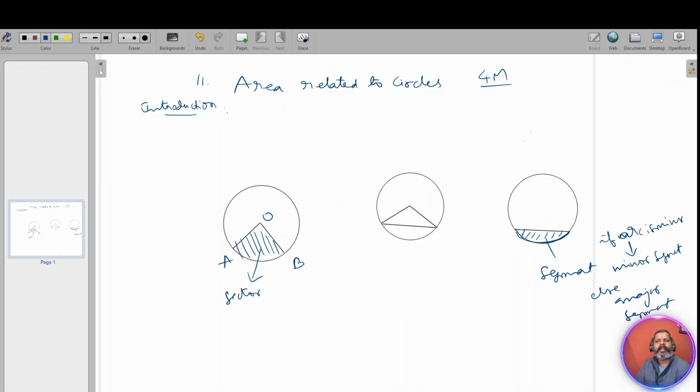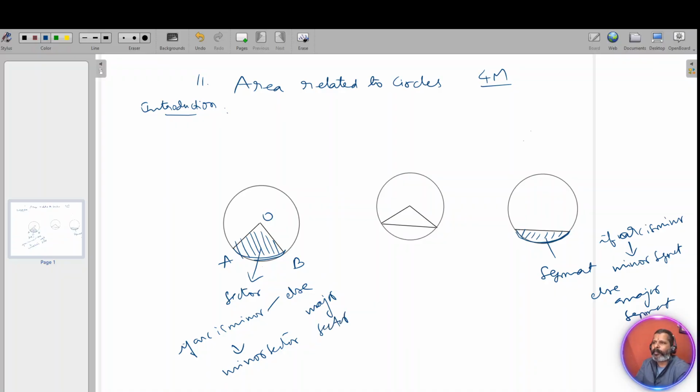In the same way, if arc is minor in the sector part, it is called minor sector. If arc is major, it's called major sector.